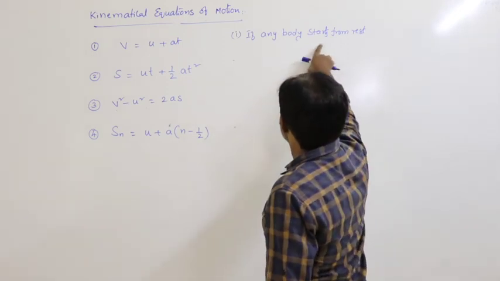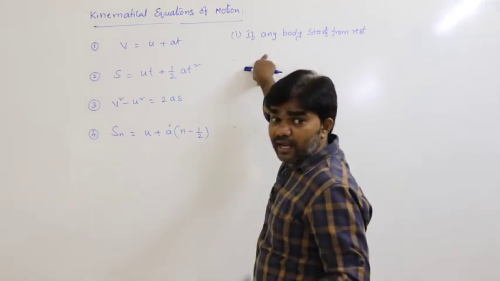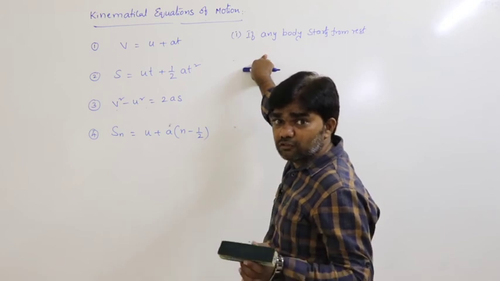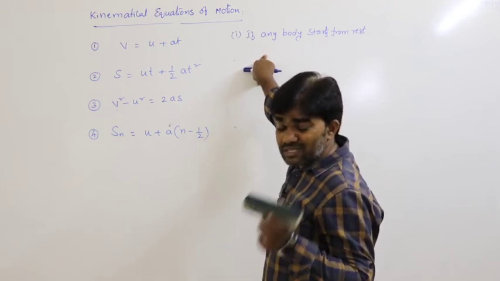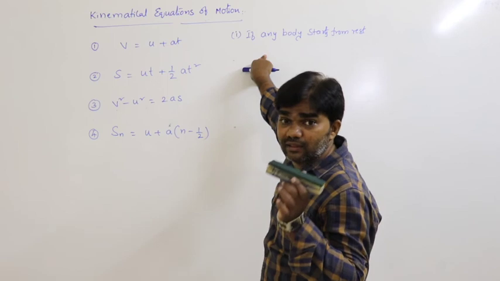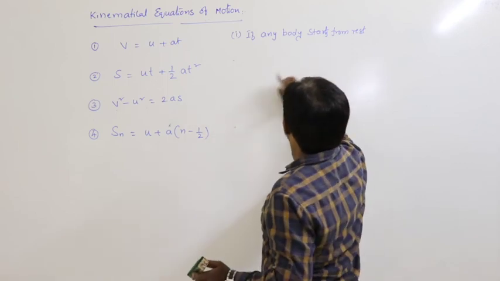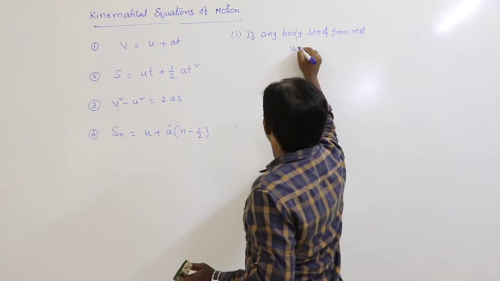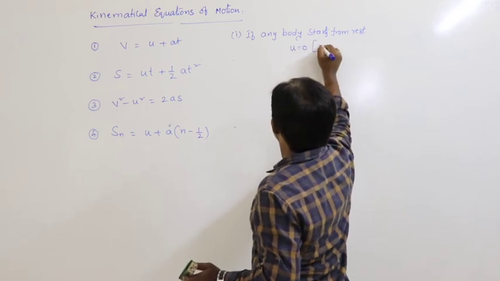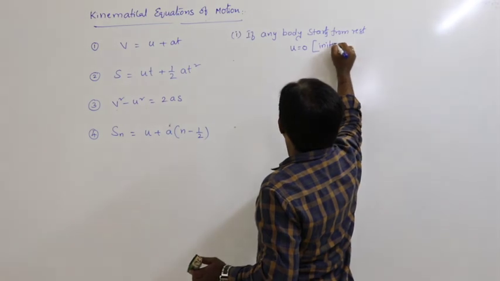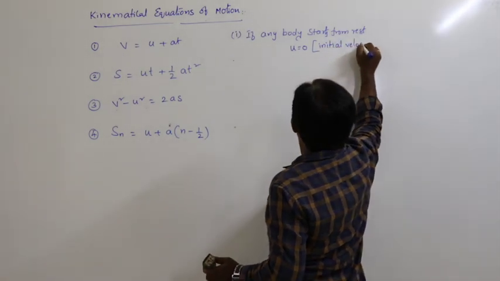If any body starts from rest, that means at the start of motion the velocity of the body must be 0. At the start of motion, velocity of the body must be equal to 0. If any body starts from rest, that means initial velocity is 0. It's very important.